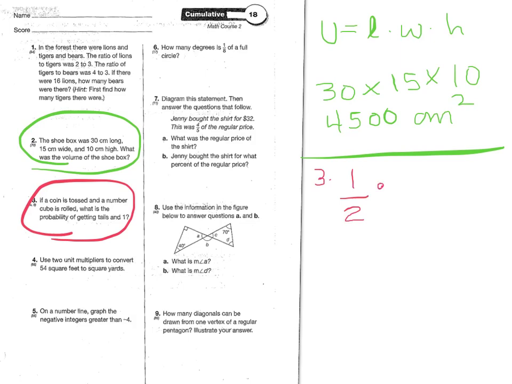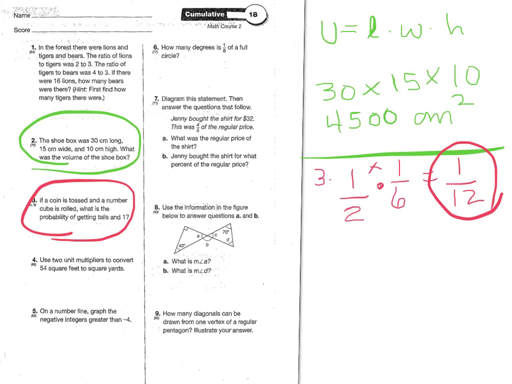The probability of getting a 1 on a cube, well, a cube has 6 sides and 6 different numbers. So it's 1 out of 6. So all you have to do with probability like this is just multiply straight across. And 1 times 1 is 1, 2 times 6 is 12, and that would be your answer. So that one's pretty easy.